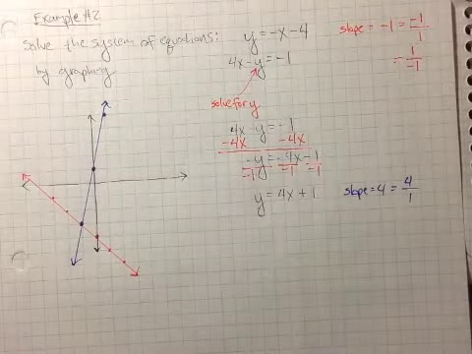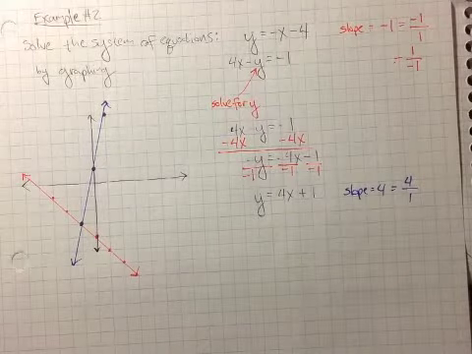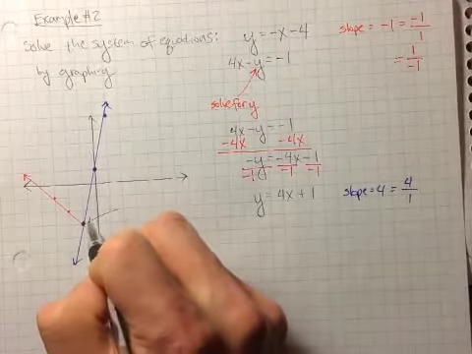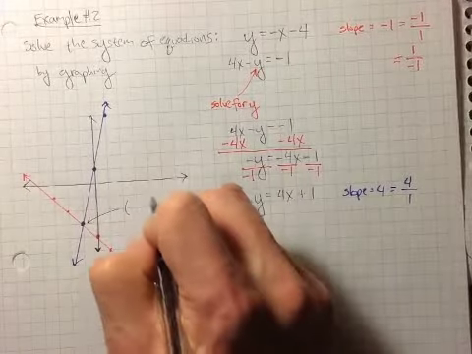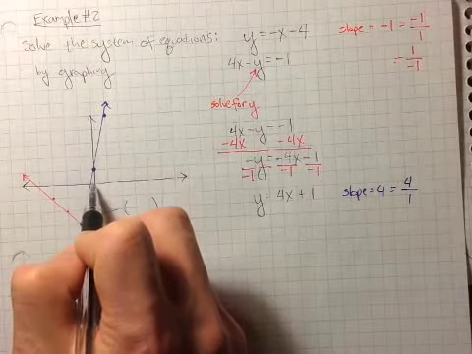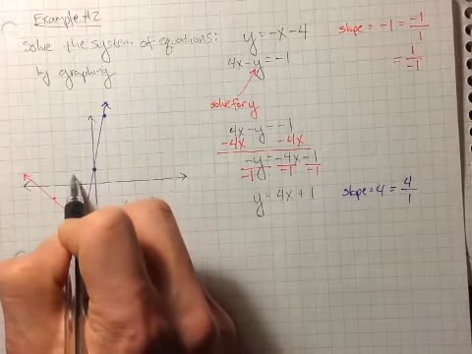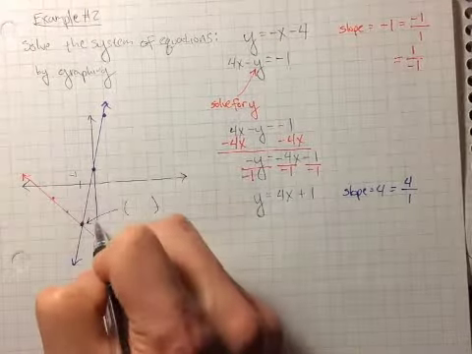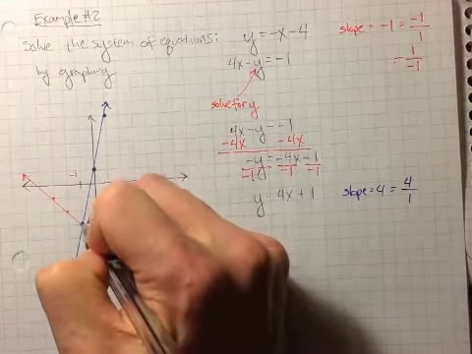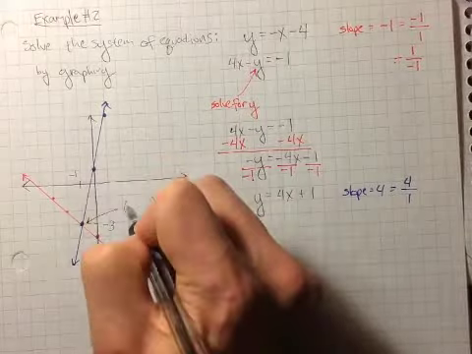And again, just like with example number 1, the intersection of the two graphs is the solution. So in this case, we're going to go left negative 1 and then down negative 3. So the x coordinate of that point is negative 1.